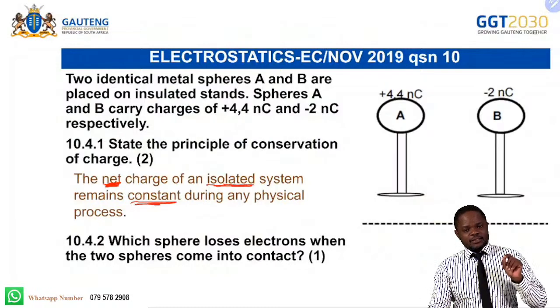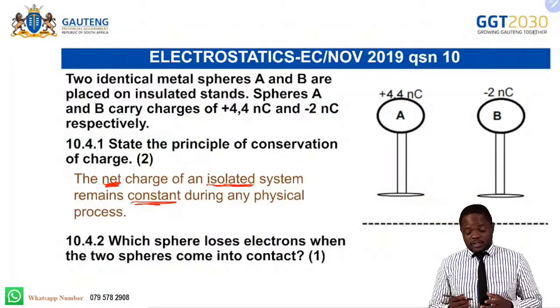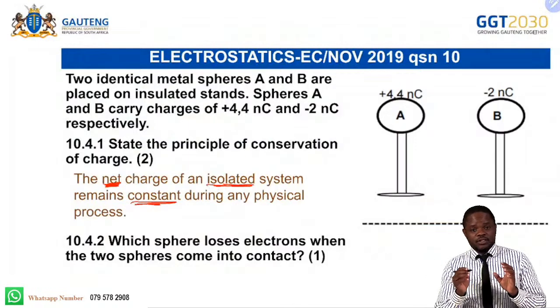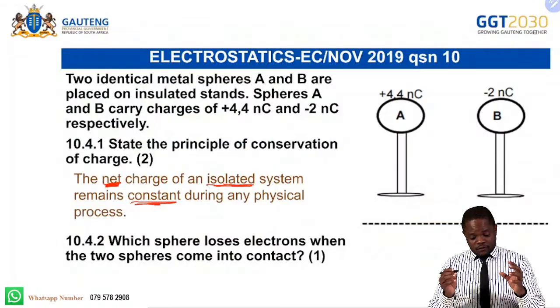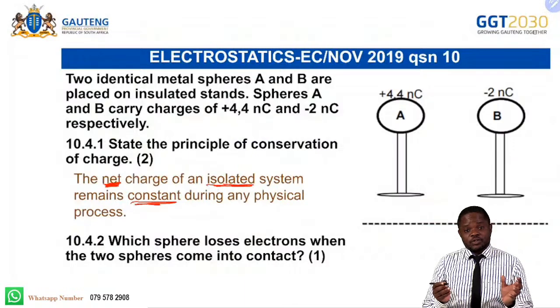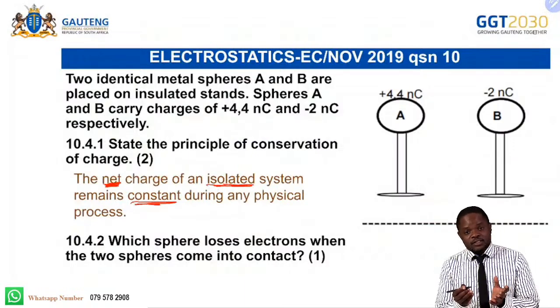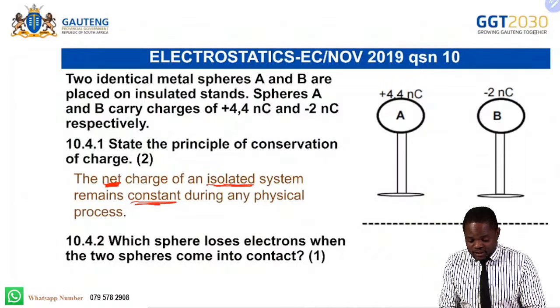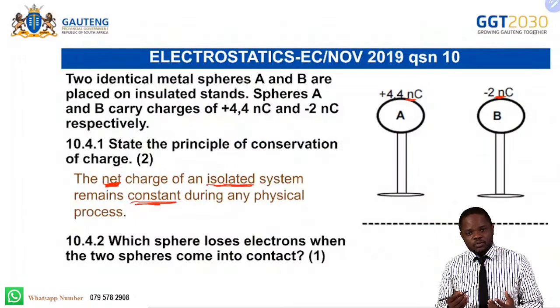The net charge. Maybe I can explain what we mean by net charge. The net charge is actually the sum of the charges of, in this case, the two metal spheres. If you were asked to get their net charge, it's just their sum. Those charges are given in nanocoulombs, the small n meaning nanocoulombs.